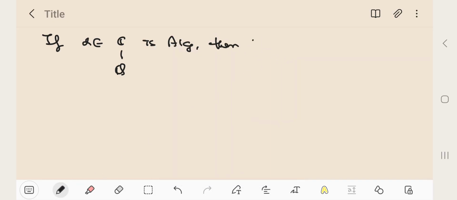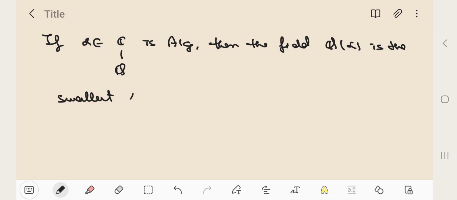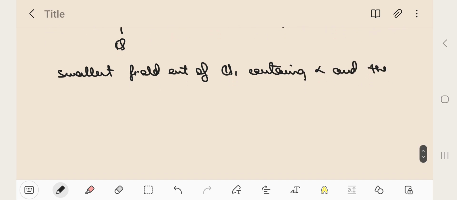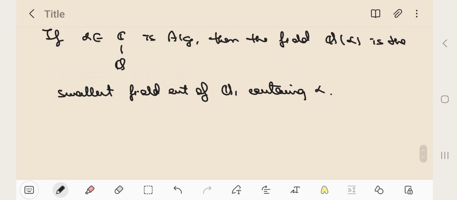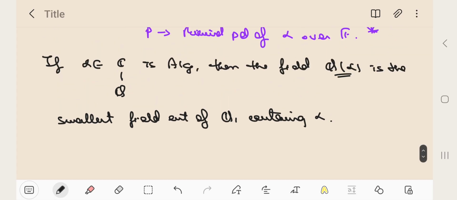So then the field Q(alpha) is the smallest field extension of Q containing alpha. Okay. Now Q(alpha) forms a well-defined vector space over Q, just due to the reason of how C forms.